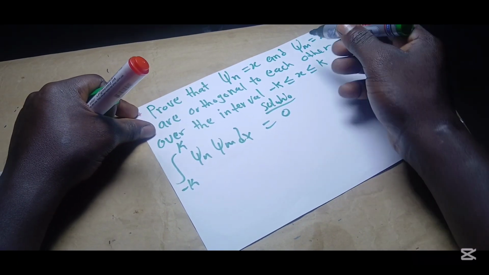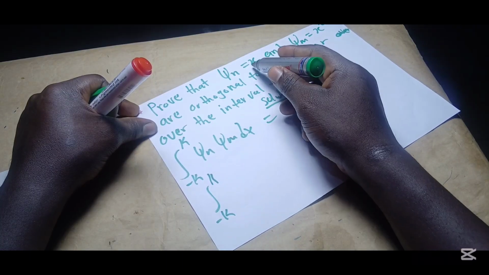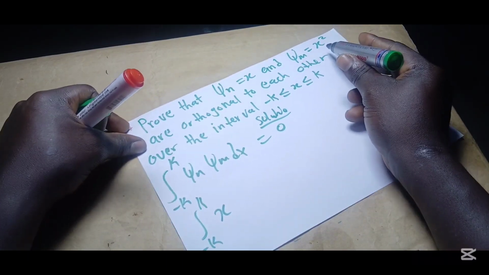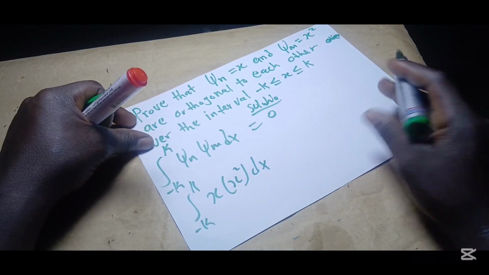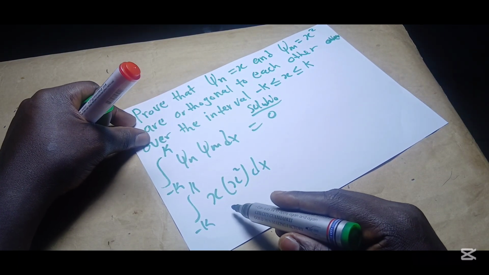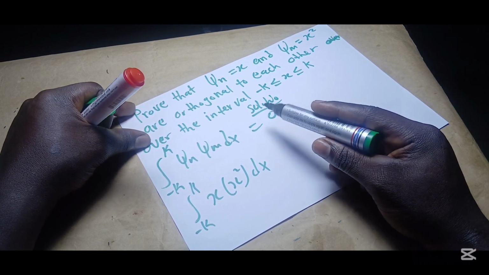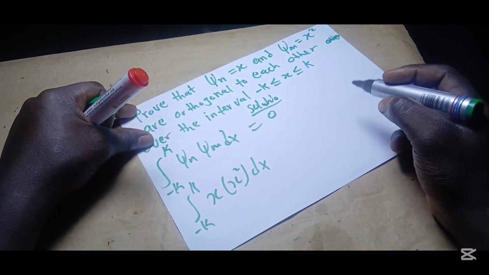So now let's put in psi of n equal to x, and psi of m is x to the power 2. So we have x multiplied by x to the power 2 dx. We are going to evaluate this, and if the result is 0, then it means the two wave functions psi of n and psi of m are orthogonal to each other. So let's do that.